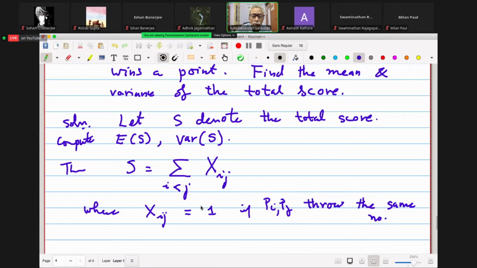This itself is a random variable, you see, and 0 if Pi and Pj throw different numbers.